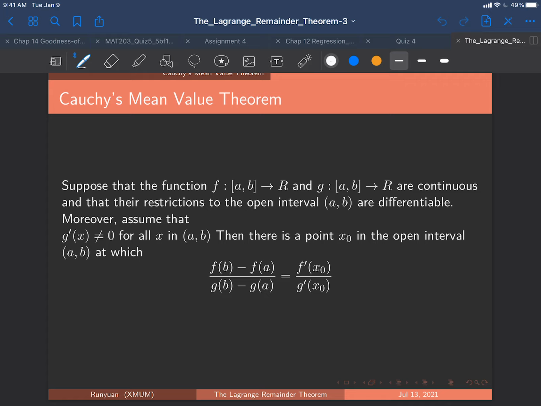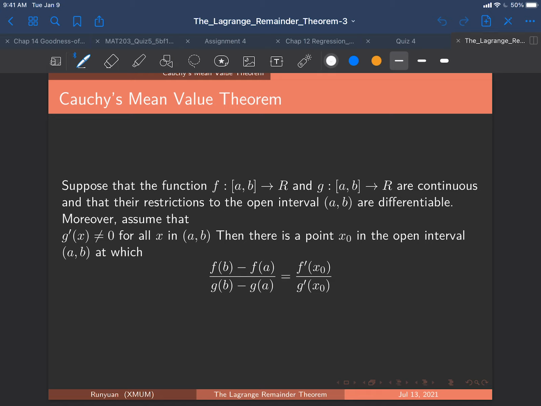Its definition is that suppose the functions f and g from the closed interval [a, b] to R are both continuous and differentiable on the open interval (a, b).